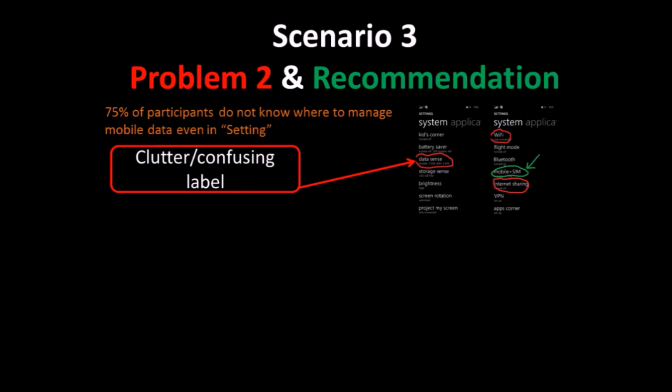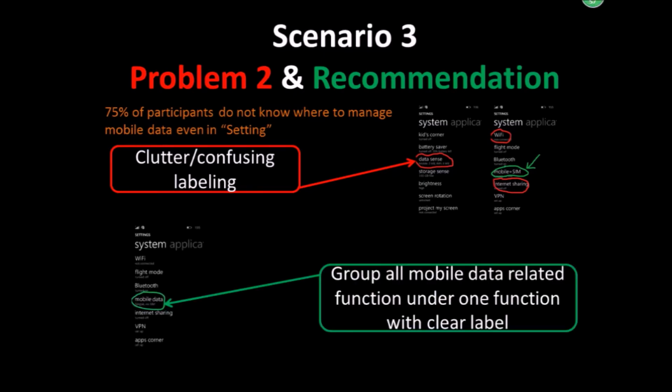This is mainly because there are few mobile data related systems in settings that might confuse users, and the true system for mobile data management is not there yet. Hence, our suggestion is to group all mobile data related functions under one system with a simple and clear label so that users can find it easily.